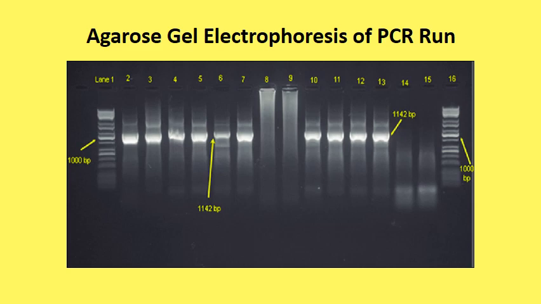Each column is called a lane: 1, 2, 3, 4, and so on. Often we put the DNA marker in lane 1.